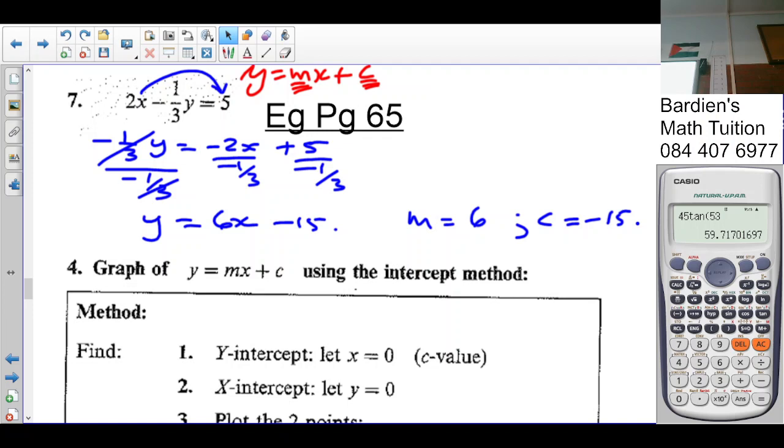The graph of y is equal to mx plus c using the intercept method. That's your next subheading there.